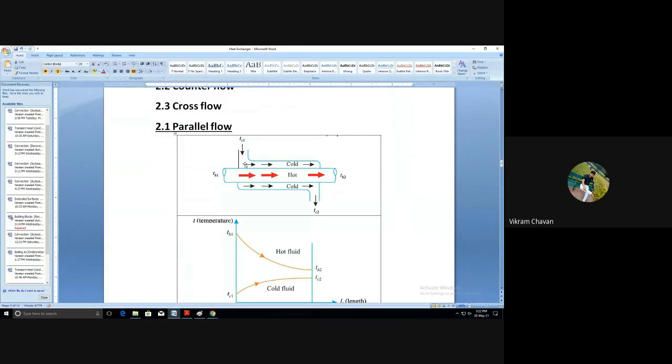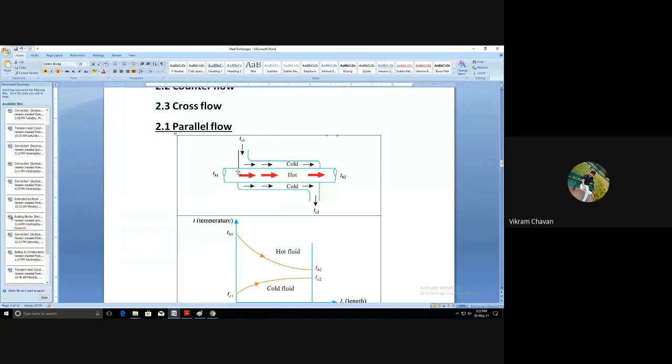Whenever the hot and cold fluids flow in the same direction in a heat exchanger, that heat exchanger is called a parallel flow heat exchanger.